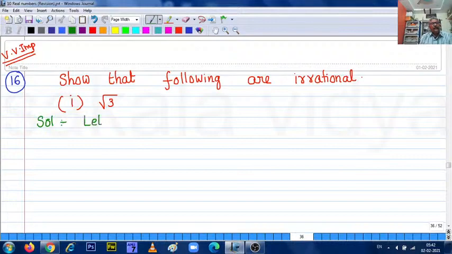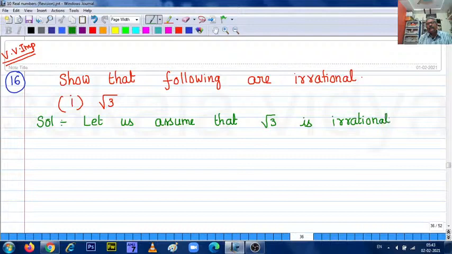First, let us assume that root 3 is irrational. You can create your own questions like this also: prove that root 2 is irrational, root 5 is irrational, root 7 is irrational, root 11 is irrational.